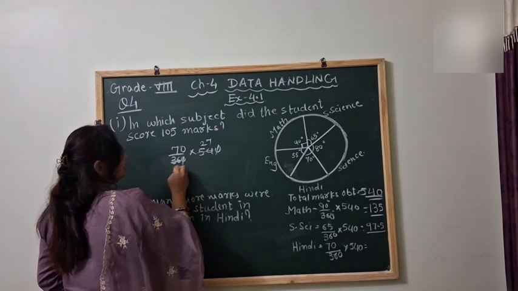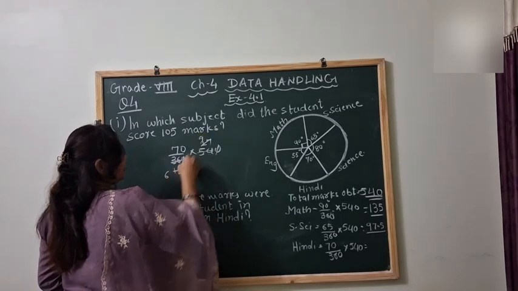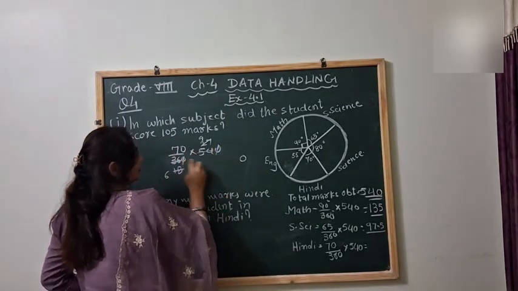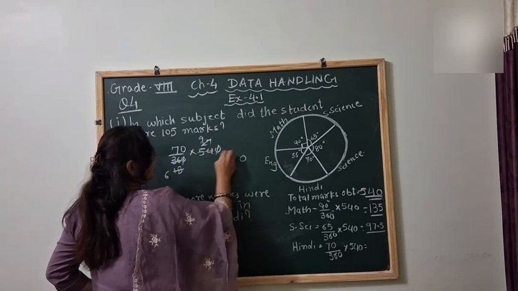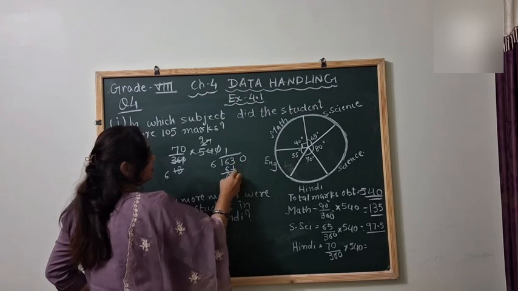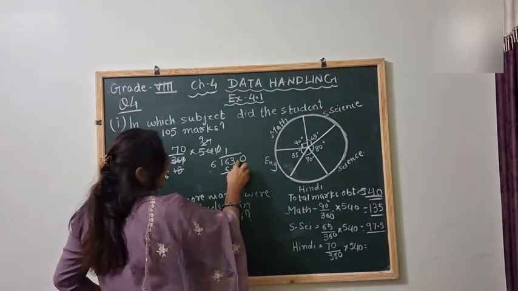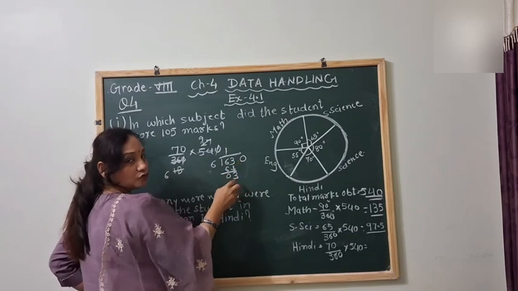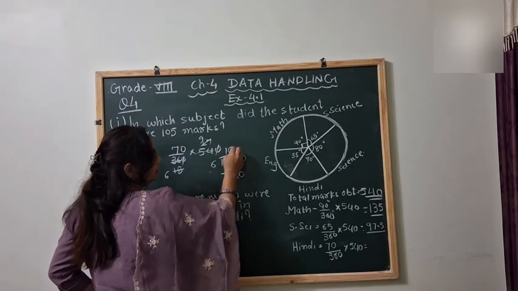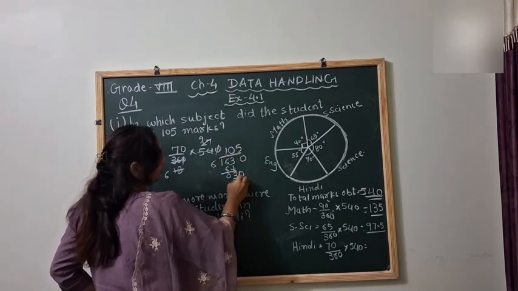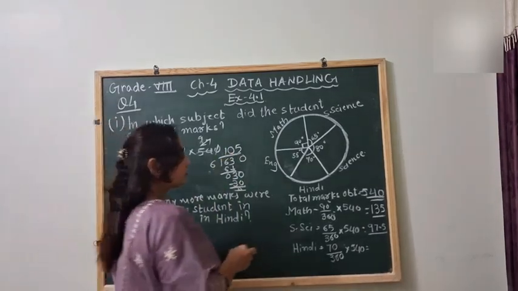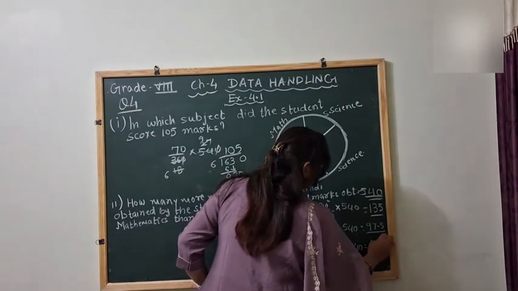Okay, 3 6s are 18, 3 9s are 27. 9 0s are 0, 9 7s are 63, divided by 6. 6 1s are 6, 0 carried down, 3. 3 is smaller, so I will also bring down 0. When I bring two numbers together, I'll put a 0 here. So I'll have 30, 6 5s are 30. So 105. In Hindi, he has got 105 marks.